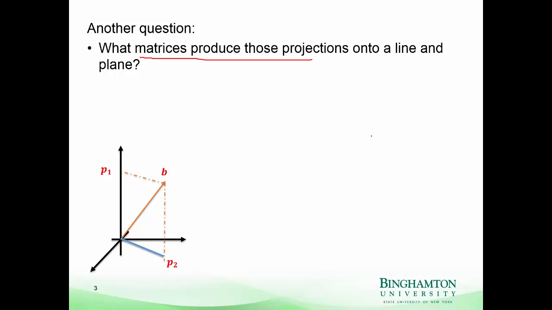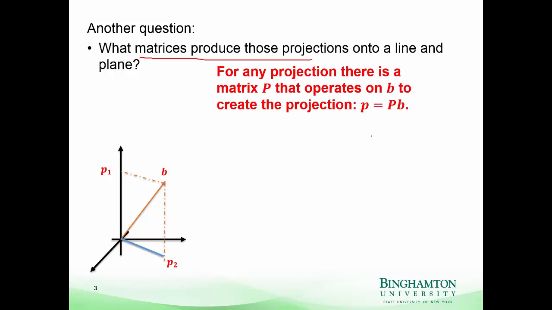We're just motivating this here with this simple case where we're projecting onto the XY plane or the z-axis, but we'll see soon that we can project onto any subspace that we want. So there is actually a matrix, and we'll call it P for projection. Each matrix will give us a different type of projection, or vice versa. For each projection that we want, we'll have a different matrix.